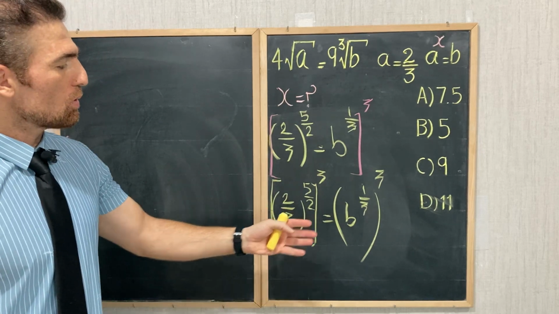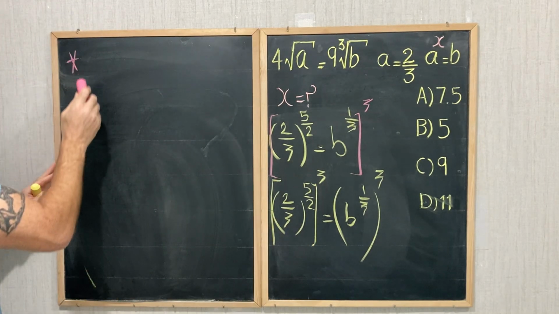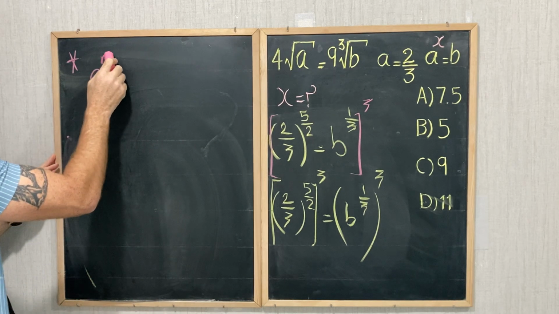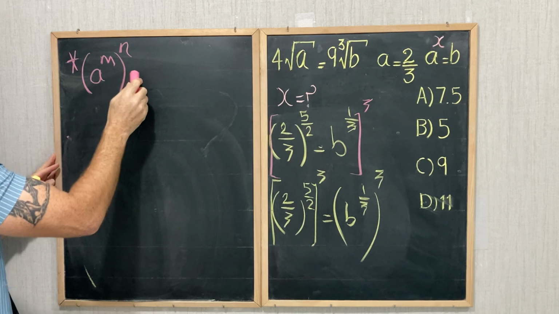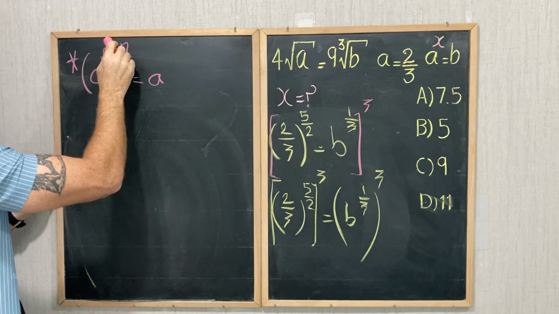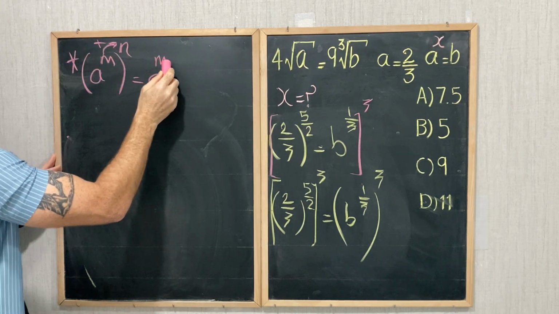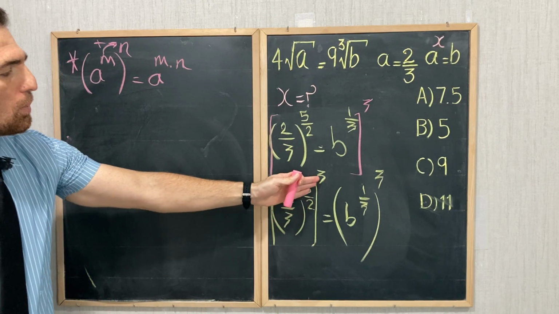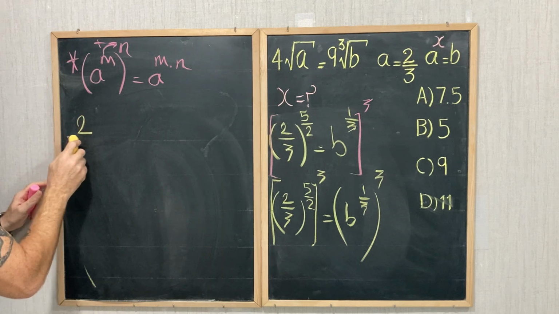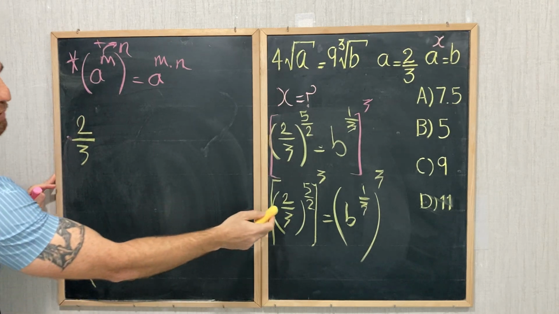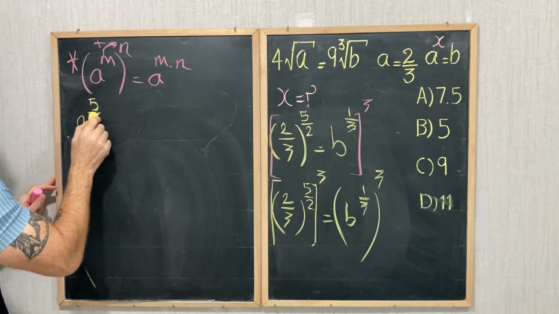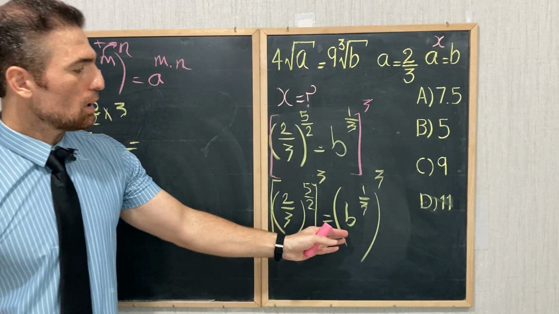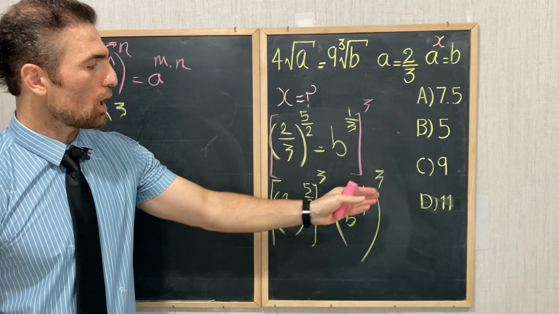To continue the solution, I'm going to get help from the next exponential rule, that is called power to power. That says a to the power of m raised to the power of n equals a to the power of m times n. So 2 over 3 to the power of 5 over 2 raised to the power of 3 is same as 2 over 3 to the power of 5 over 2 times 3, and b to the power of 1 over 3 times 3.